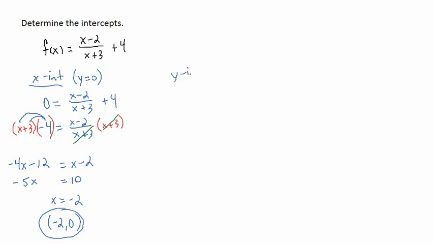All right, let's do the y-intercept. We're going to plug 0 in for x. And so we have y equals, because remember, f of x is y, y equals 0 minus 2 over 0 plus 3, plus 4. So y equals negative 2 over positive 3 plus 4.